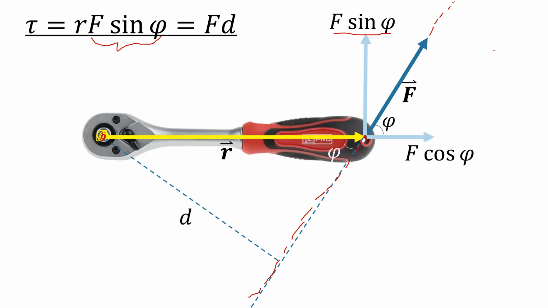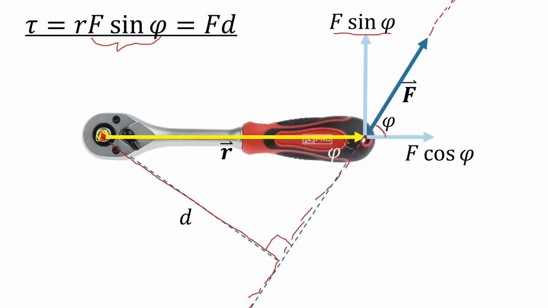So if we just extend the original force vector, that is the line of action of the force. And we just want to find D, where D is perpendicular to that line of action. There is only one line that is perpendicular to the line of action of force. That is this line here that starts from the hinge towards the line of action of force. That's your D, and this forms a right angle.